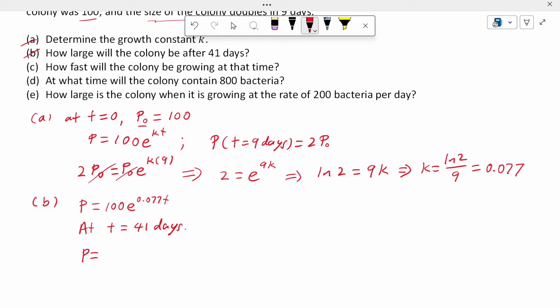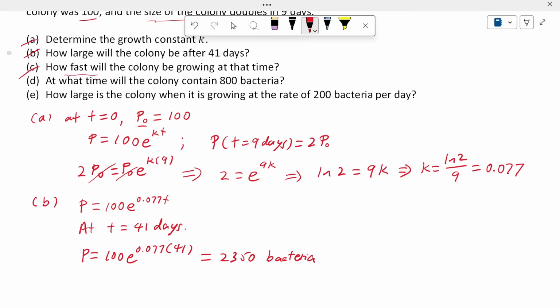We substitute into this equation 0.077 times 41. Then you get the colony size, which is 2,350 bacteria. Okay, so that is B.